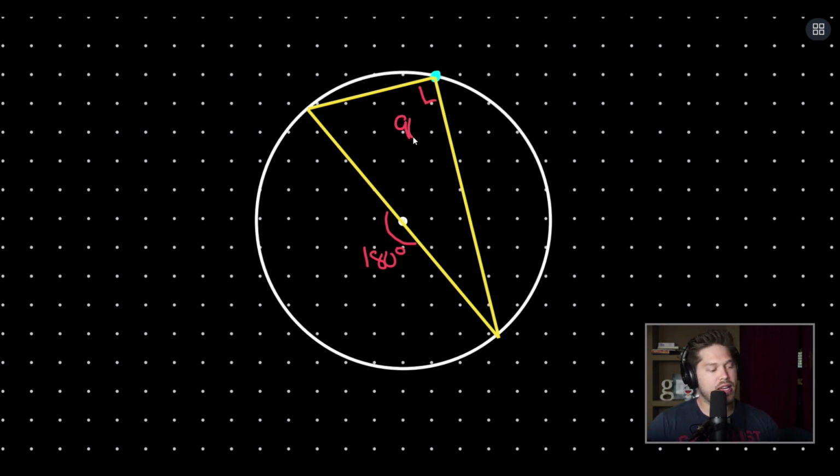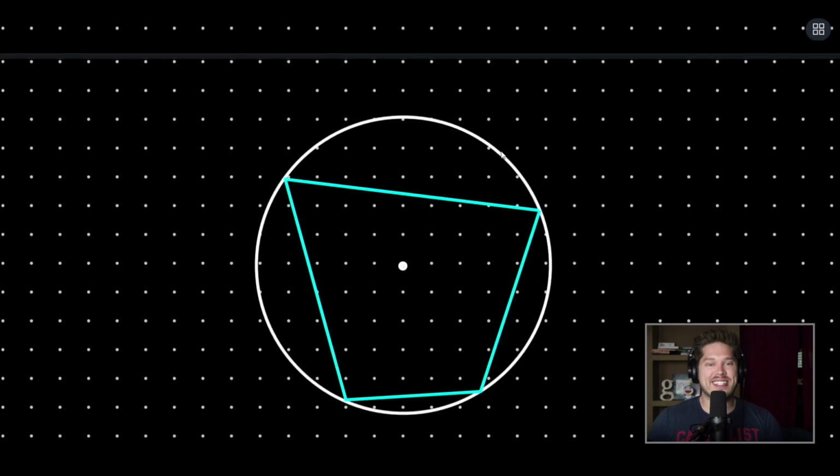Therefore, this is a 90-degree angle. And again, just to be clear, it does not matter where we draw our inscribed angle to be. If it goes to the same arc measure, then it will also be 90 degrees. And you can see that this is also a 90-degree angle. It does not matter. Fantastic.